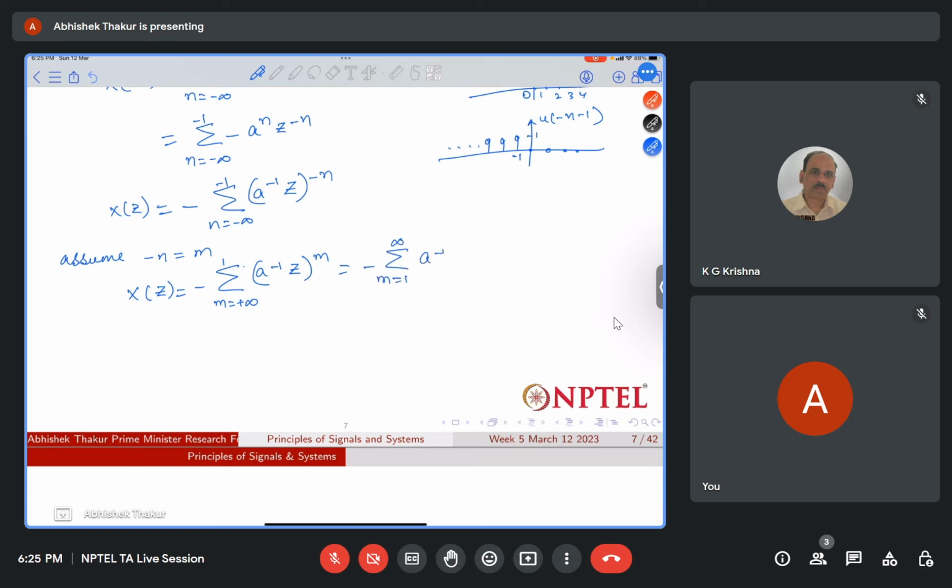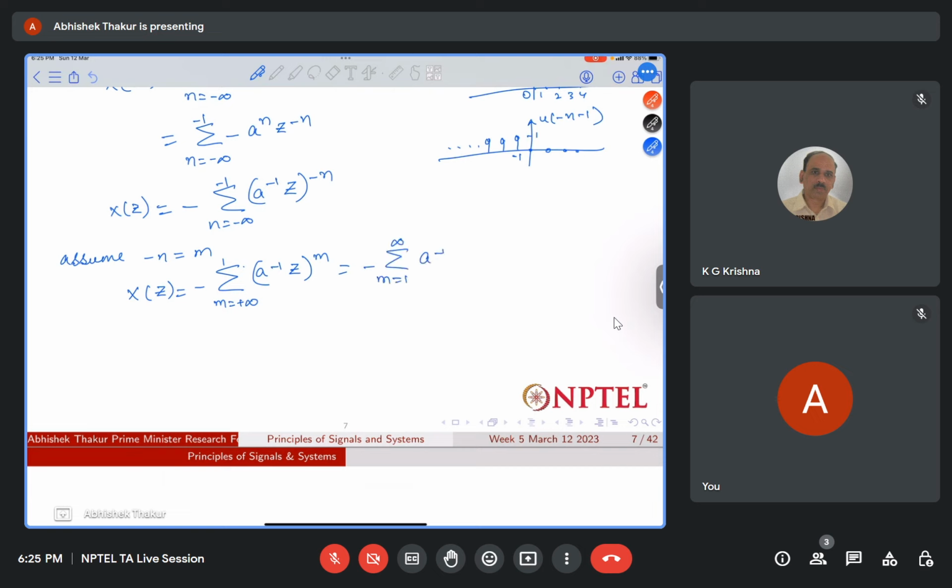Now we can substitute here and simplify this. This will become minus of z by a divided by 1 minus z by a, which becomes z by z minus a.